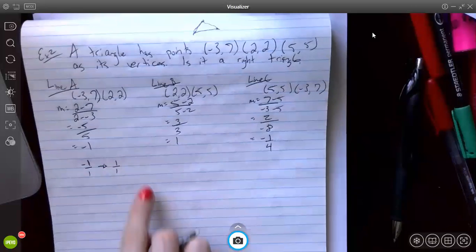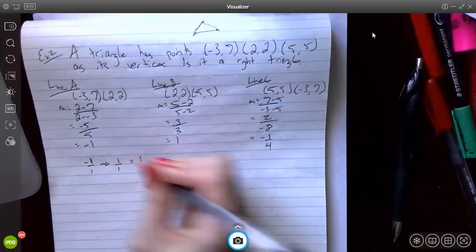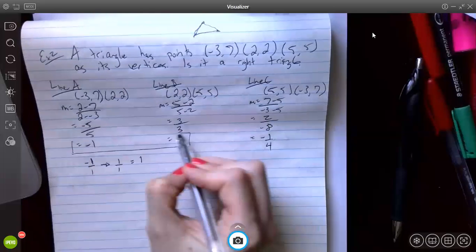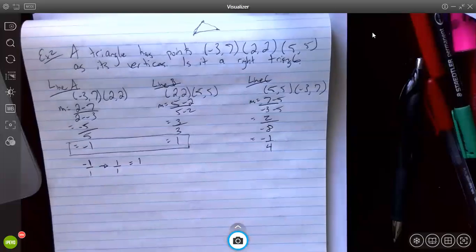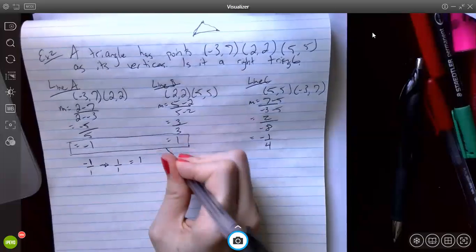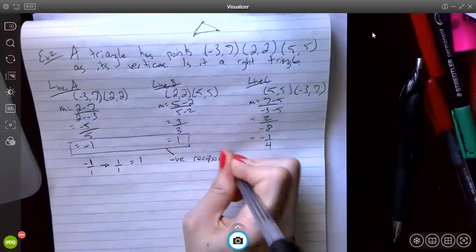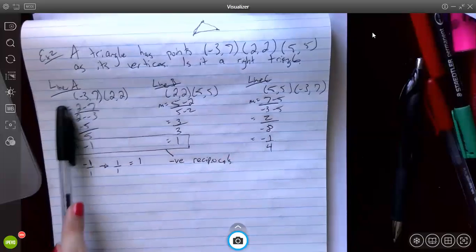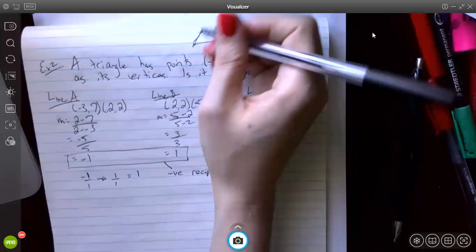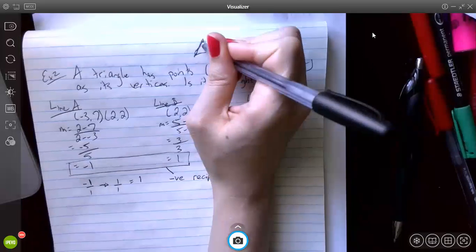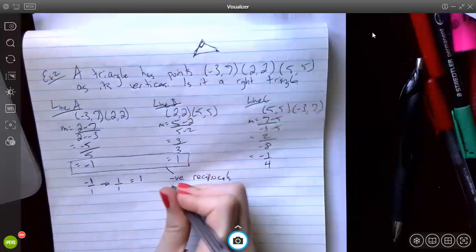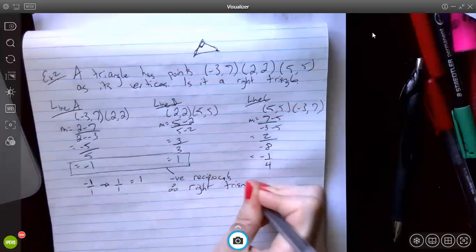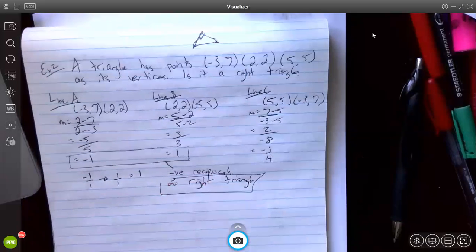And then if I simplified that, it would just be 1, because 1 over 1 is 1, which means that these 2 slopes are negative reciprocals, which means they're perpendicular, which means these 2 lines of my triangle are meeting at 90 degrees, and we have a right triangle. So this is a right triangle.